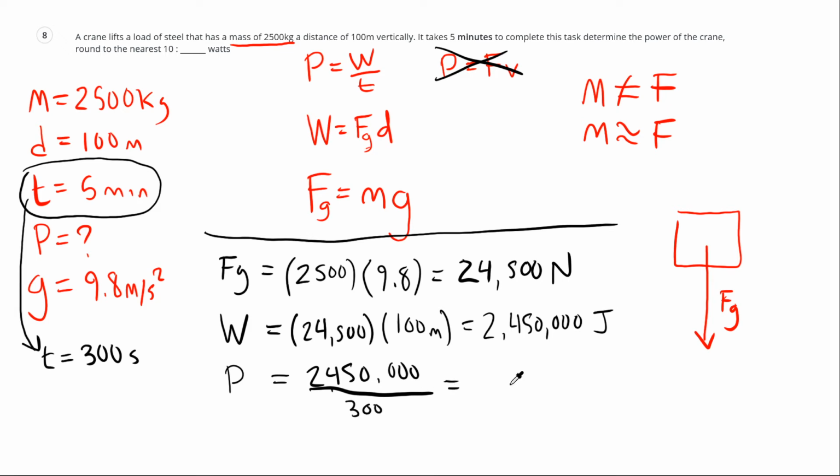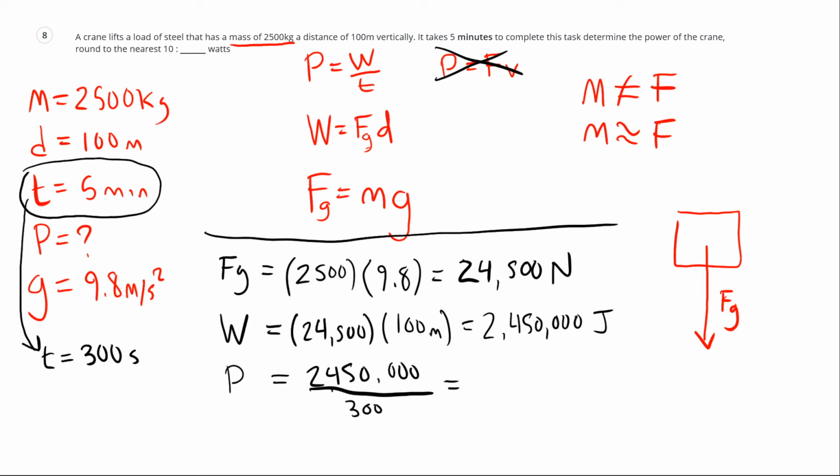And when we look at that, hold on, let me pull up my calculator. Times 100 divided by 300. Okay, that is 8,166.666666 repeating.